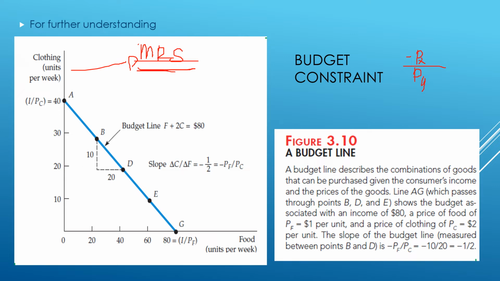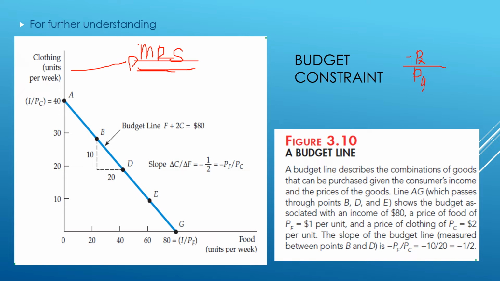Why is it negative? Because if we're going to spend more on food, then we have to spend less on clothing. So that's why it is considered to be negative. That's how you deal with the different slopes of both theories that explain the preferences: the indifference curve and the budget constraint.